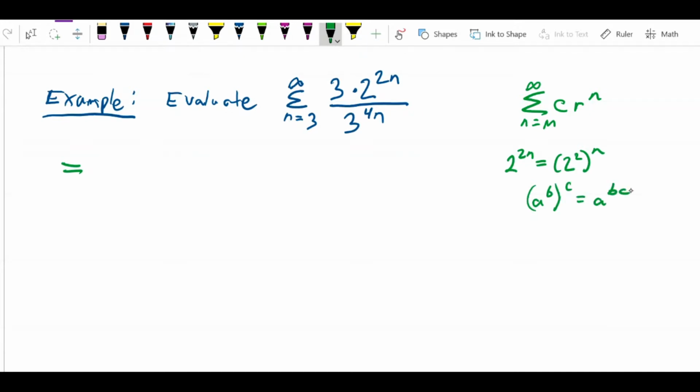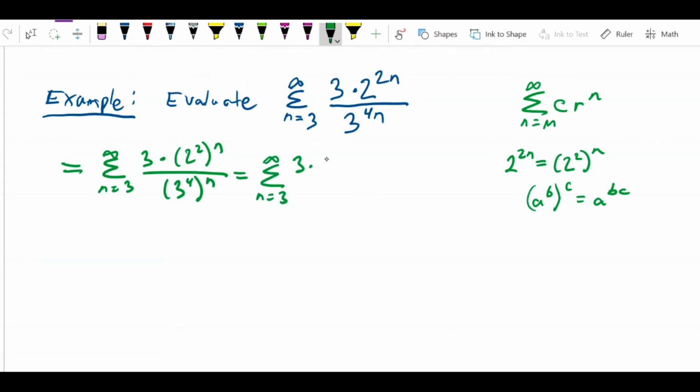So we can rewrite this, and we get the sum from n equals 3 to infinity of 3 times 2 to the 2n over, for the same reason, 3 to the 4 to the n. So that equals the sum from n equals 3 to infinity of 3 times 4 to the n over 3 to the 4, which is 81, to the n.